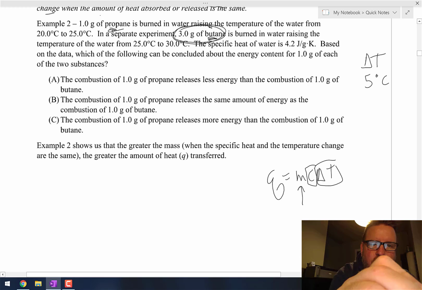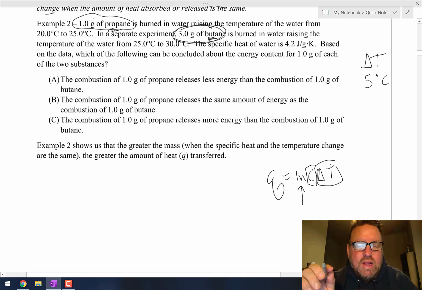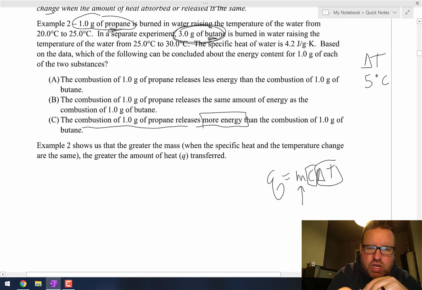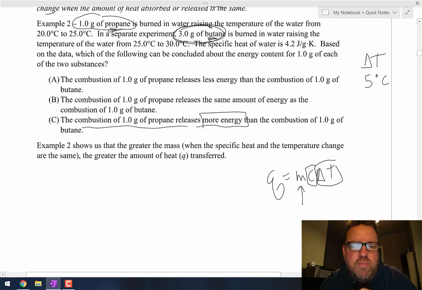So therefore, 1 gram of propane releases more heat than 1 gram of butane does. So the combustion of 1 gram of propane releases more energy than the combustion of 1 gram of butane.